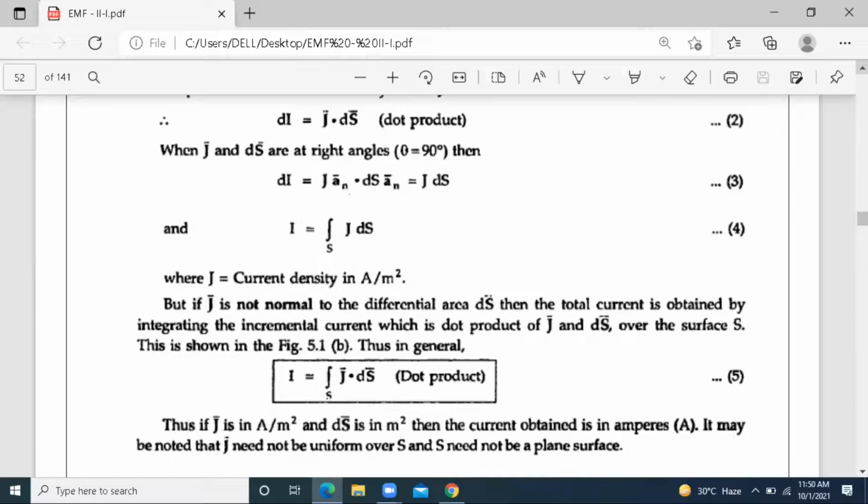Is it that J is only for when you're dealing with conductors, or you can consider it for other currents? No, J is the current density, it is the total current. So it can be a combination. Okay.